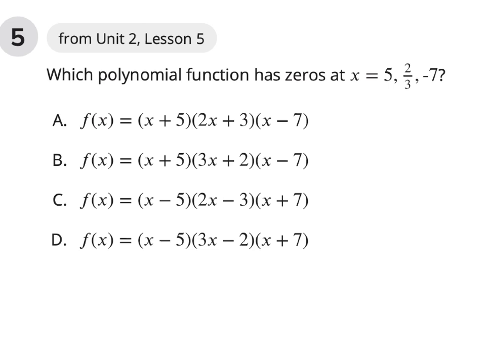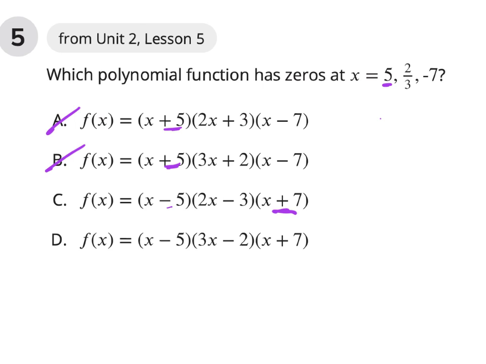Okay, so let's look at this one here. You're going to see this a lot on standardized tests. We know that the root is 5. But when you switch the sign here, you get -5. So A and B don't work. So now, let's move to C. Change the sign, I get +5. Change the last sign, I get -7.